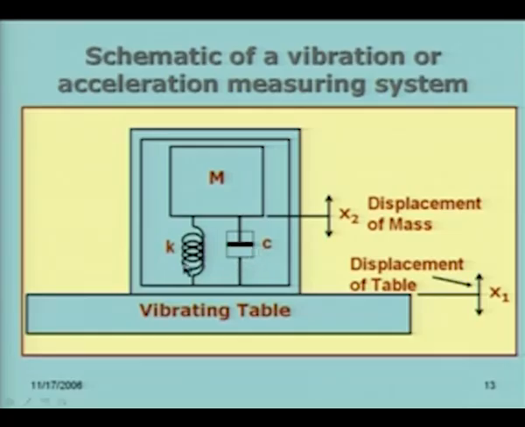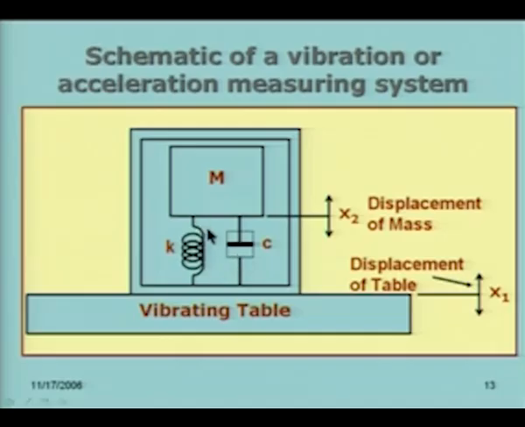Okay. So, we have to see what is the force on the mass. The mass is of course moving up and down by x2. Therefore, m into acceleration of the mass, which is given by d squared x2 by dt squared, is the force experienced by the mass. This must be equal to the sum of the forces due to these two elements, because that is what is going to come on that.